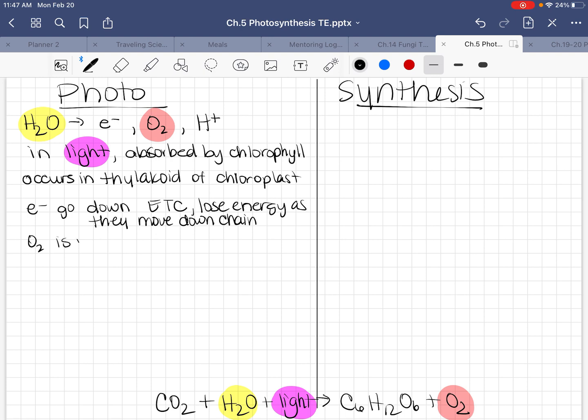O2 is released as waste product, and H pluses make a proton gradient to eventually make ATP. All right, let's check.